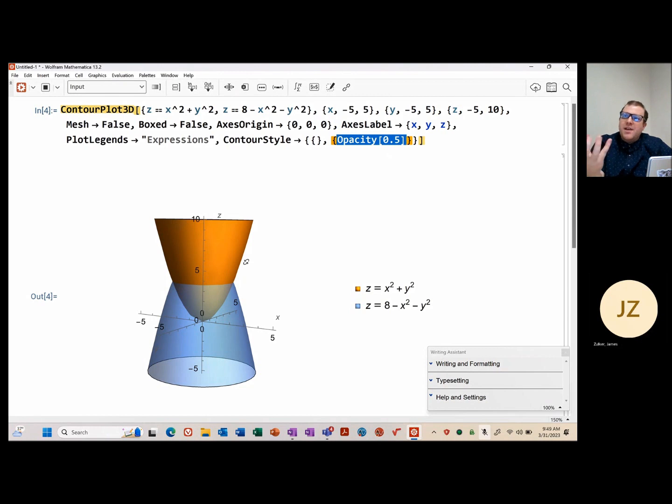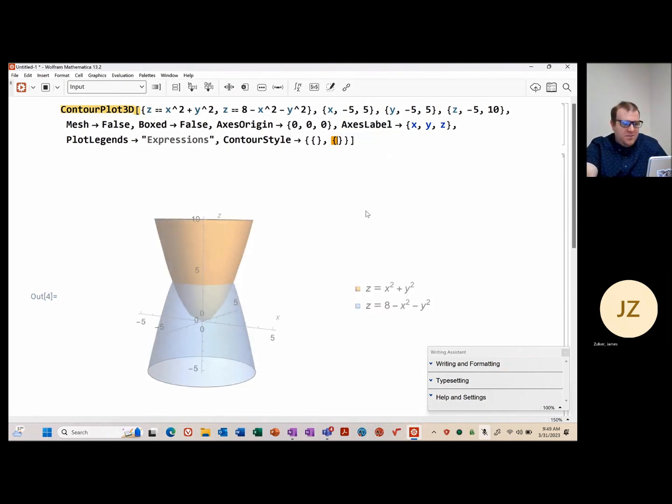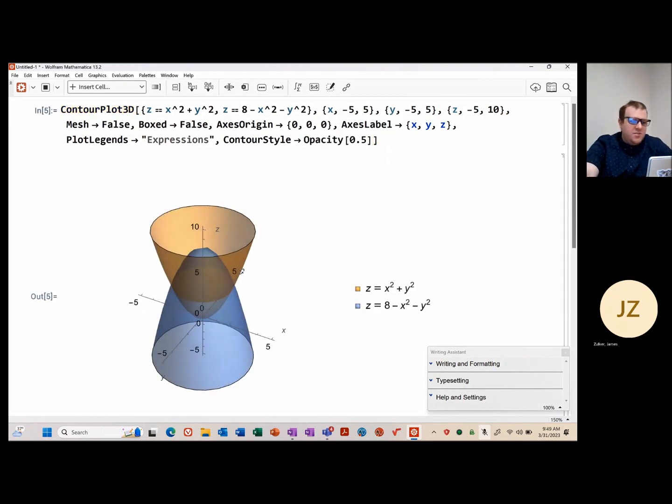So that'll only be enclosed by that blue paraboloid.